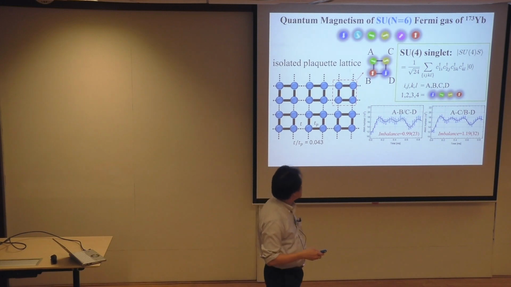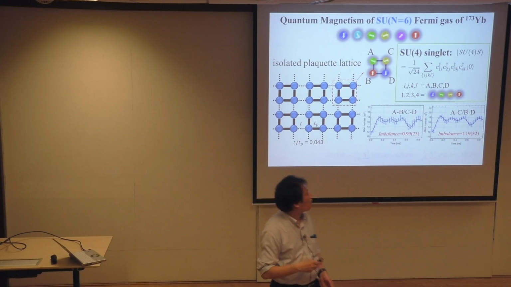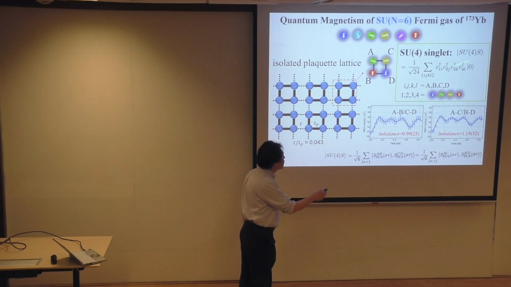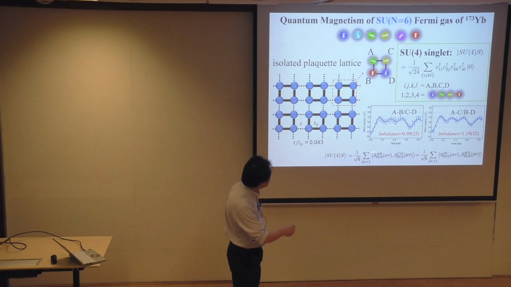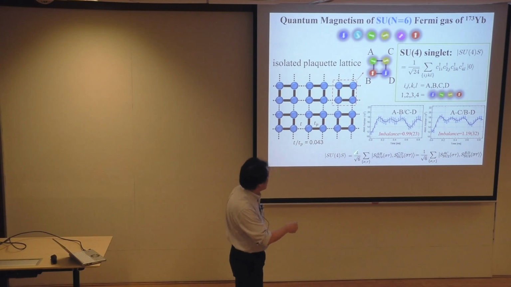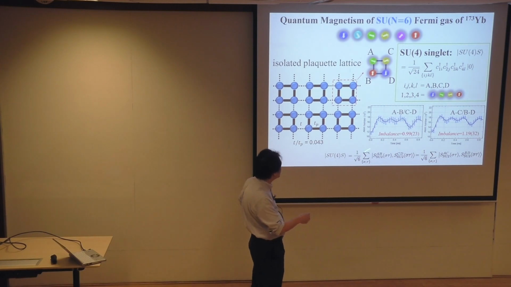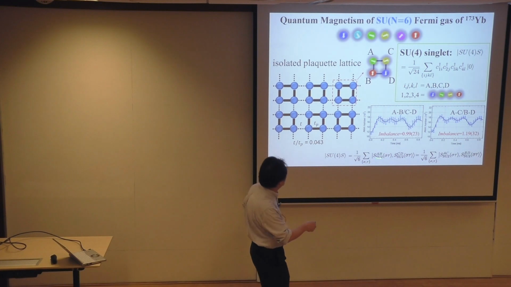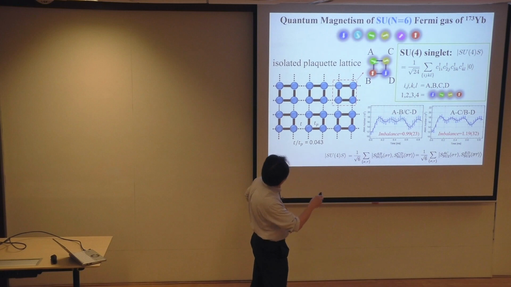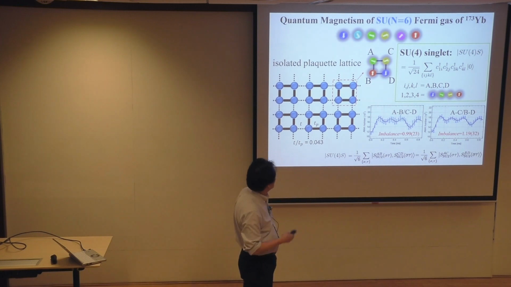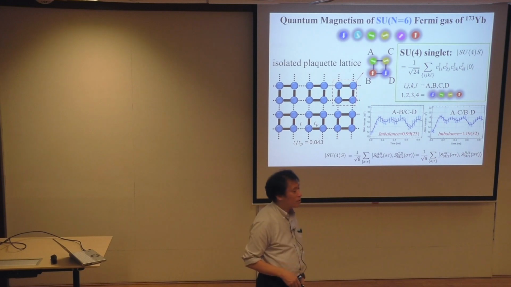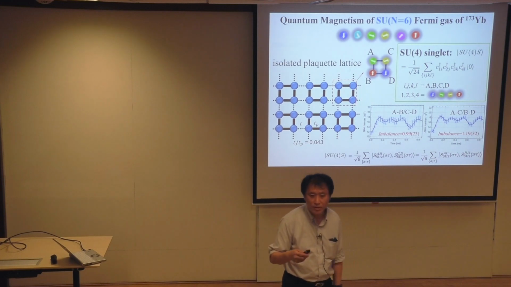This is consistent with the successful formation of the SU(4) singlet state, because this SU(4) singlet state can also be expressed like this as a superposition of the SU(2) type singlet states along AB, CD, or AC, BD. So these results are consistent with the formation of the SU(4) singlet state.